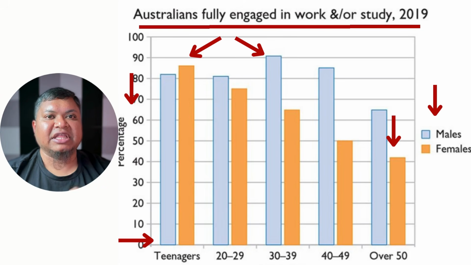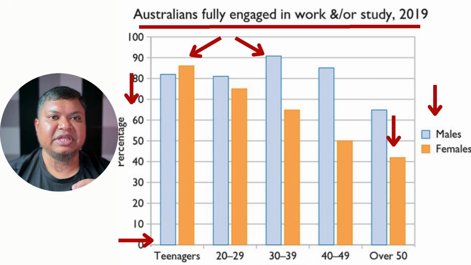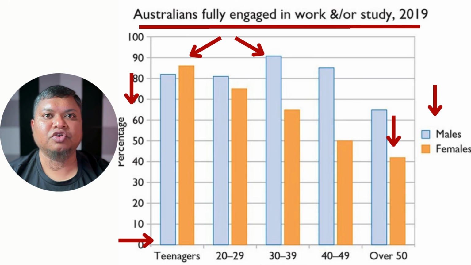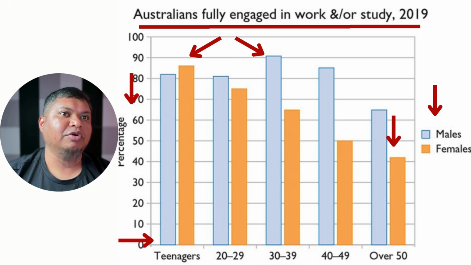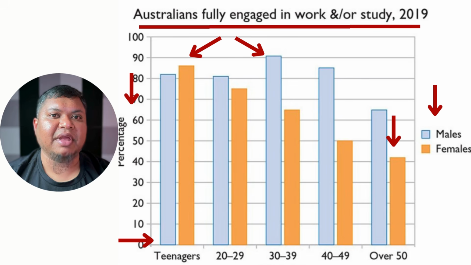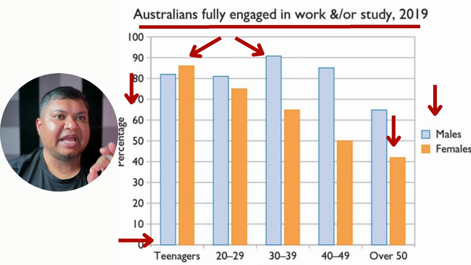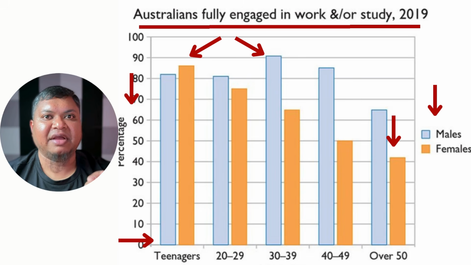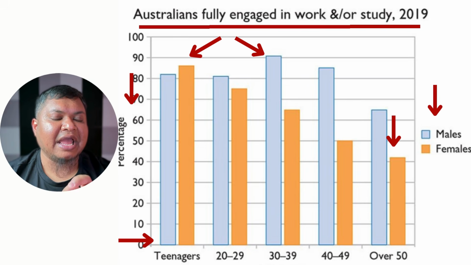According to the image, the highest number is between 30 to 39 age group for males, which is about 91%. And on the other hand, the lowest number is for females over 50 age group, which is just about 41%. To conclude, it should be noted that teenagers age group has 81% for males and 86% for females approximately, and respectively.